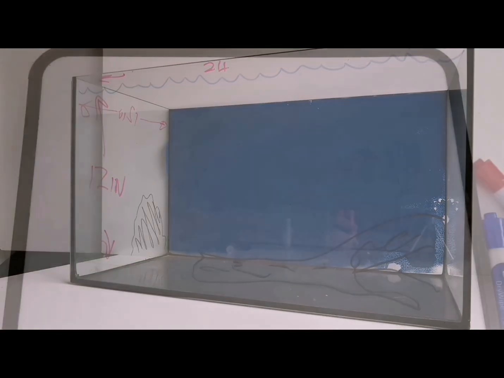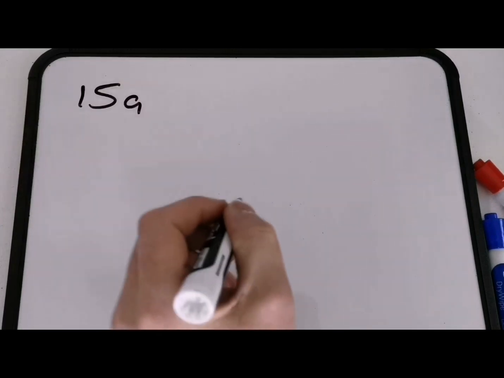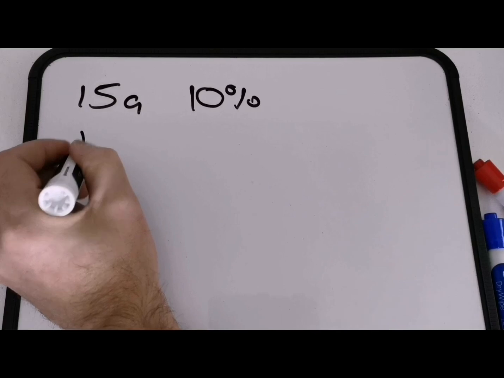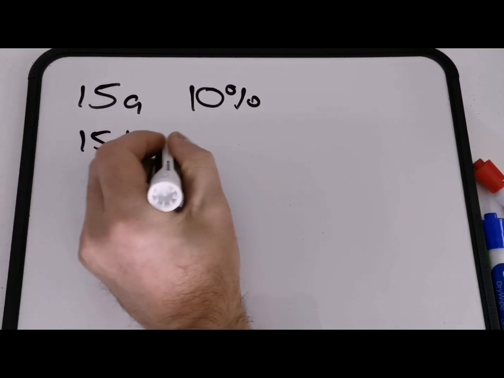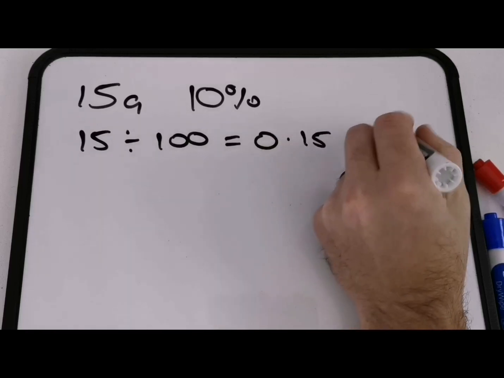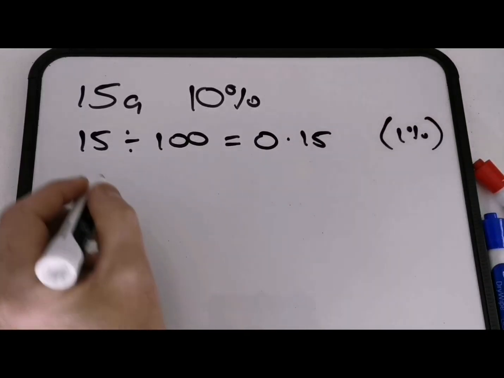For the sake of this example, we're going to say that we think it takes 10% of the water volume being replaced by our rocks and our wood. So now we need to find of 15 gallons what 10% is. The easiest way I know how to do that is 15 divided by 100 gives us 1%, which is 0.15.